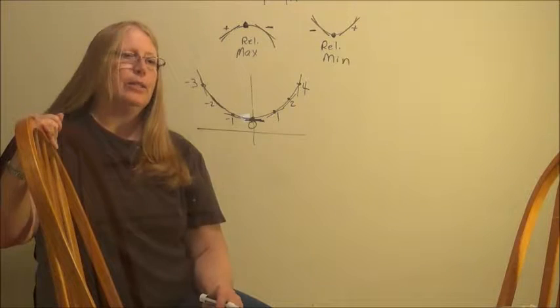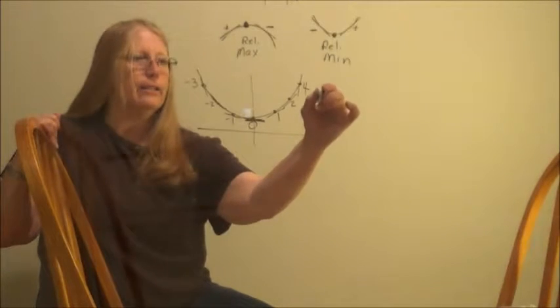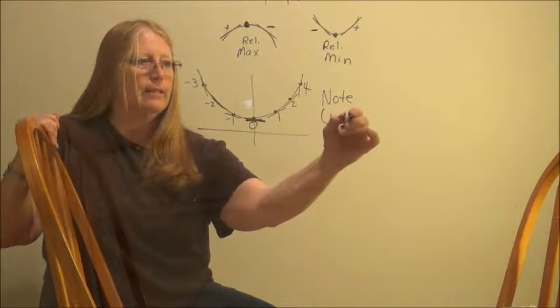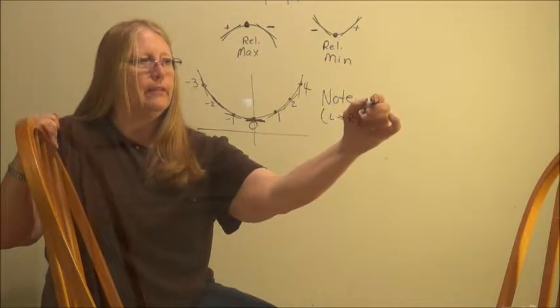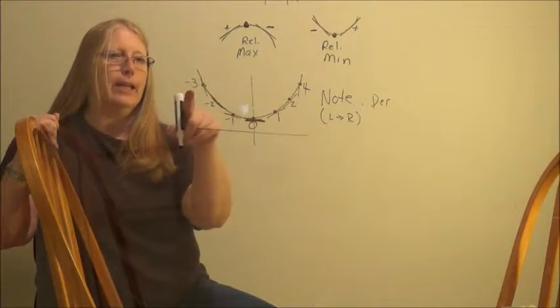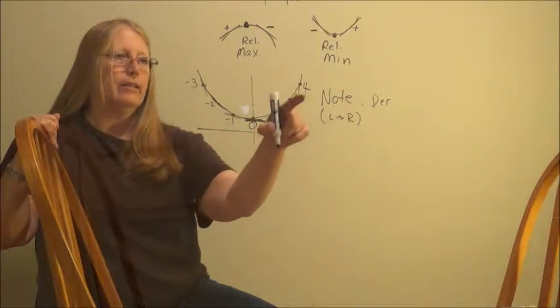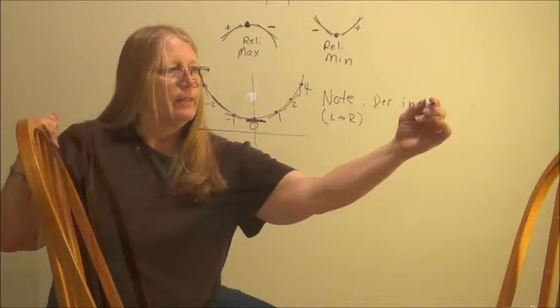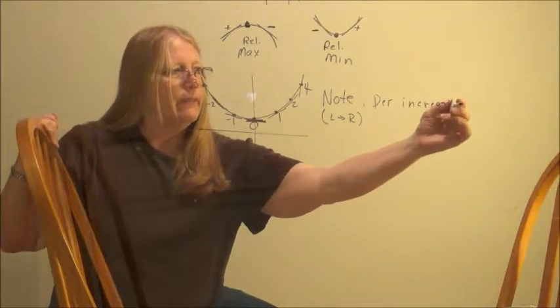But I want you to observe that the slopes, as we go from left to right, the derivatives, which are slopes, are getting higher, from a -3 to a +4. So derivatives are increasing along that curve.